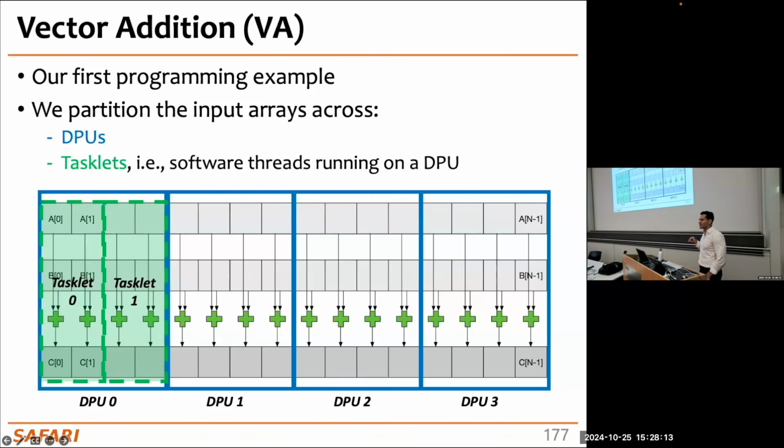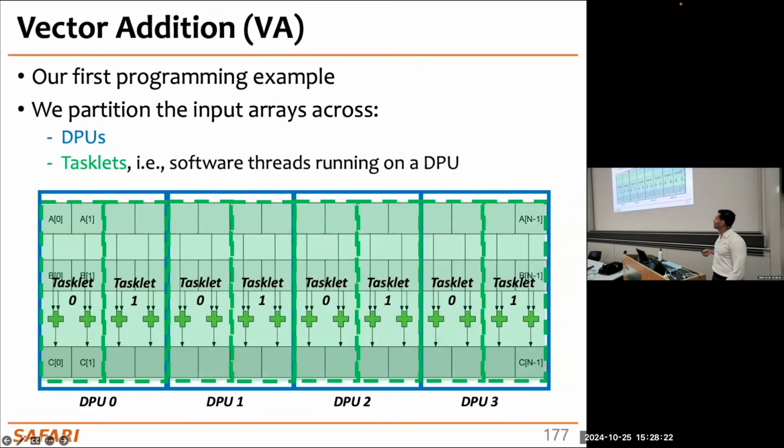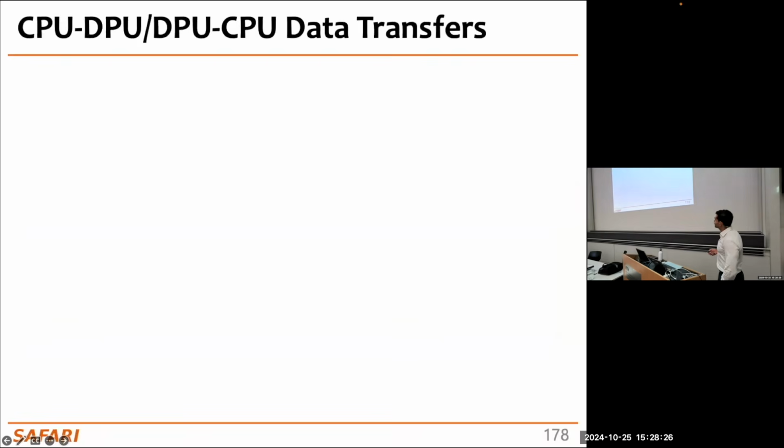I didn't mention that the processor inside the DPU is a multi-threaded processor. Again, this resembles a lot how we would program a GPU, and you're going to have more details on this later in this lecture.